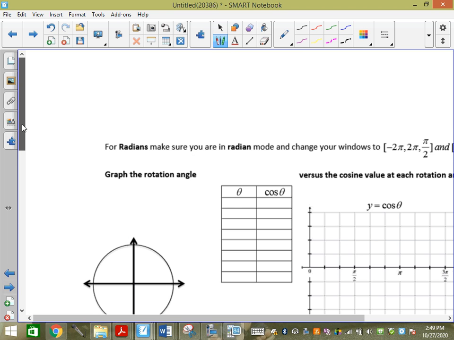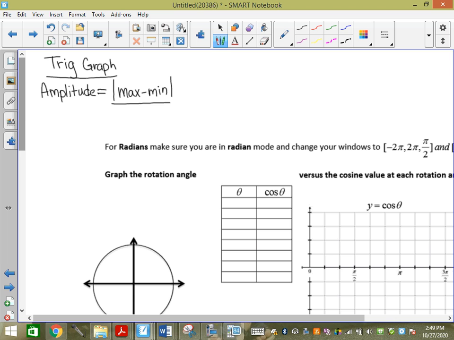So on your little formula sheet, I'm just going to write up here. If I have a trig graph and I need the amplitude, I can use the formula: the absolute value of the maximum minus minimum, divided by 2.